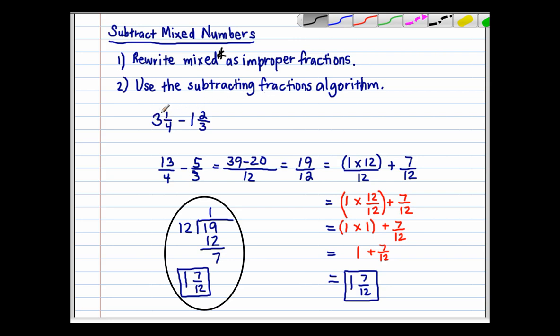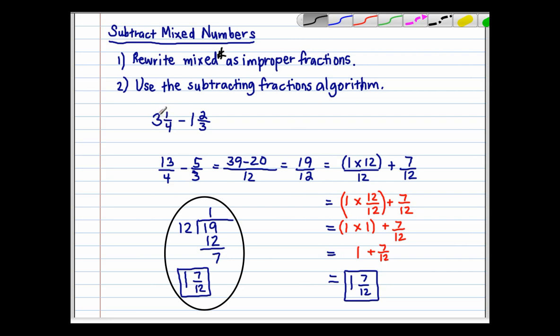Alright, so we have a mixed number. We have 3 1/4 minus 1 2/3. And the first step is to rewrite this mixed number as an improper fraction. So the way we do that is we multiply 4 times 3, which is 12, and we add that to 1.